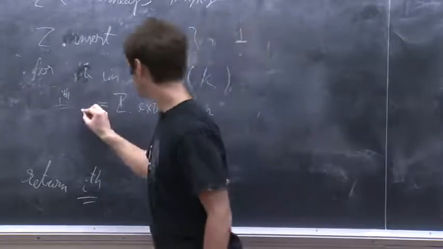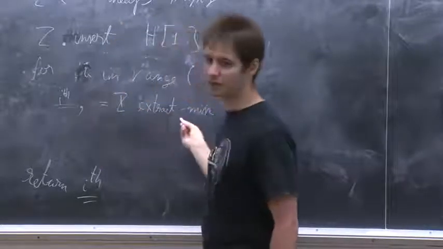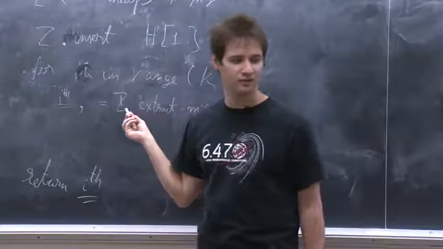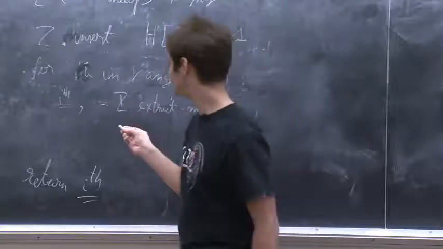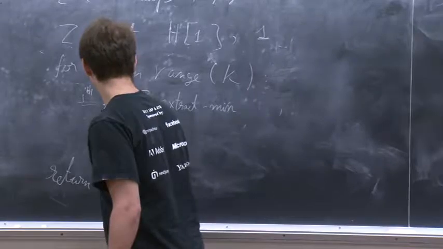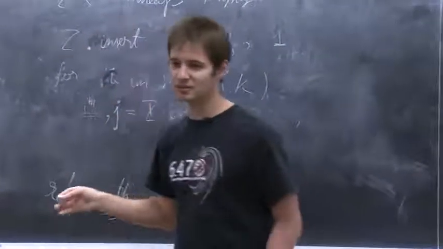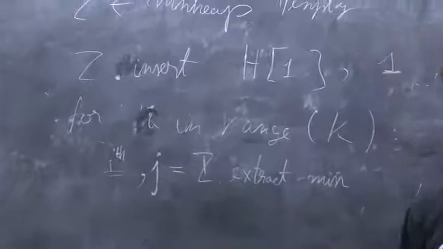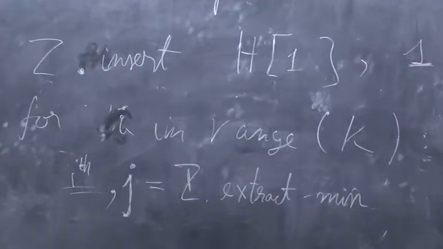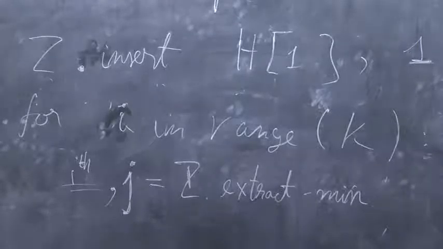Then when I get out the ith element, I'll also get out its index. A variable name for that? J. Okay. Why would you name your variables like this? In the previous section, I had a similar suggestion, i. Doesn't matter. Job security.